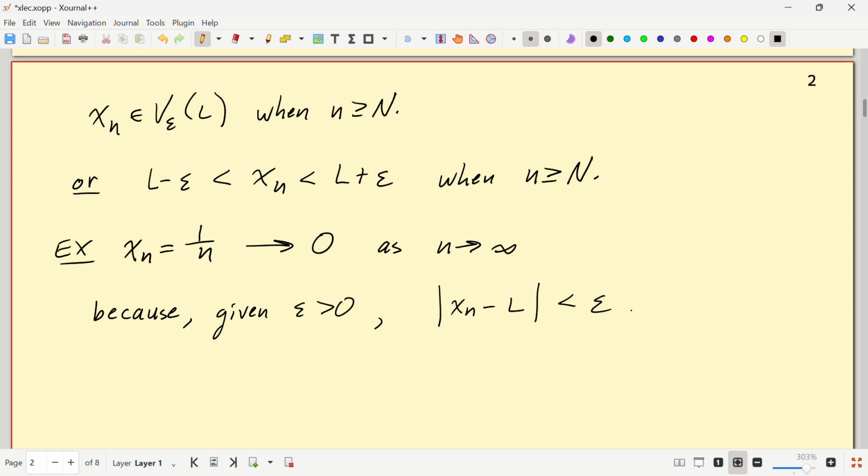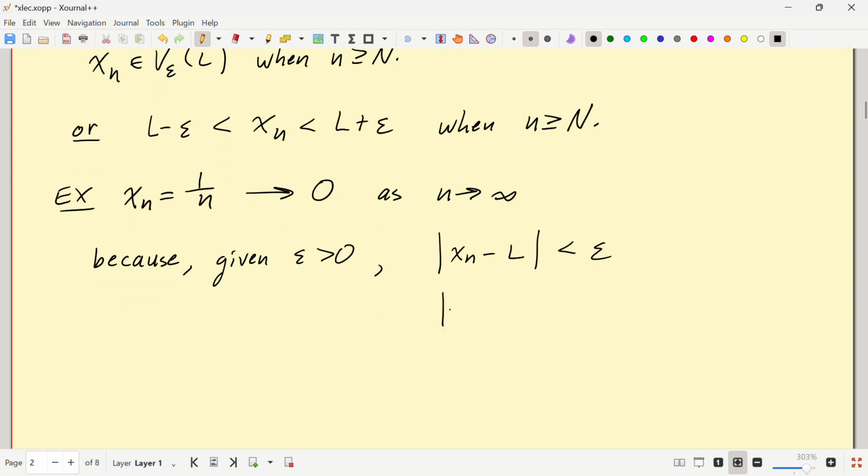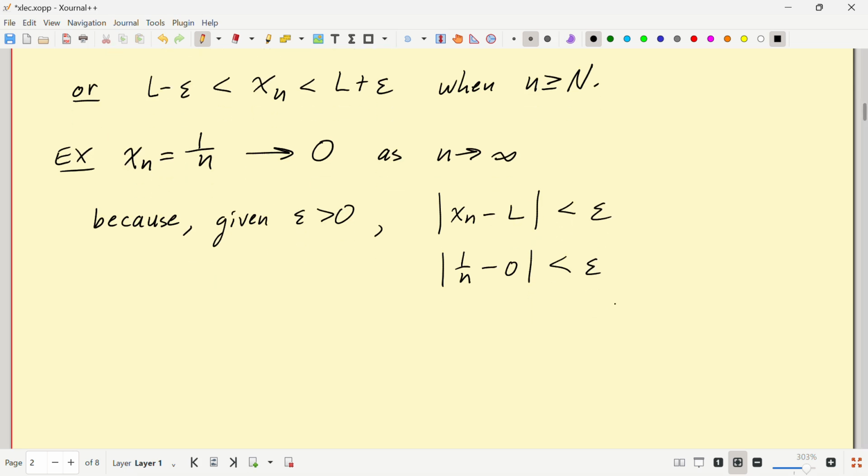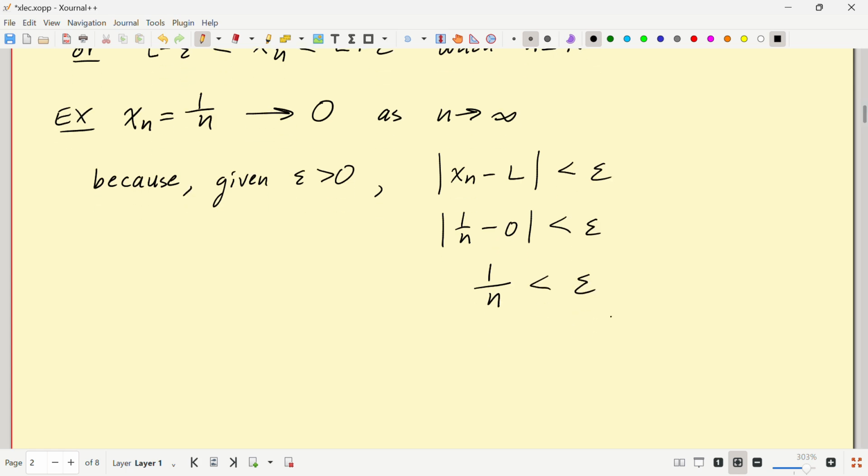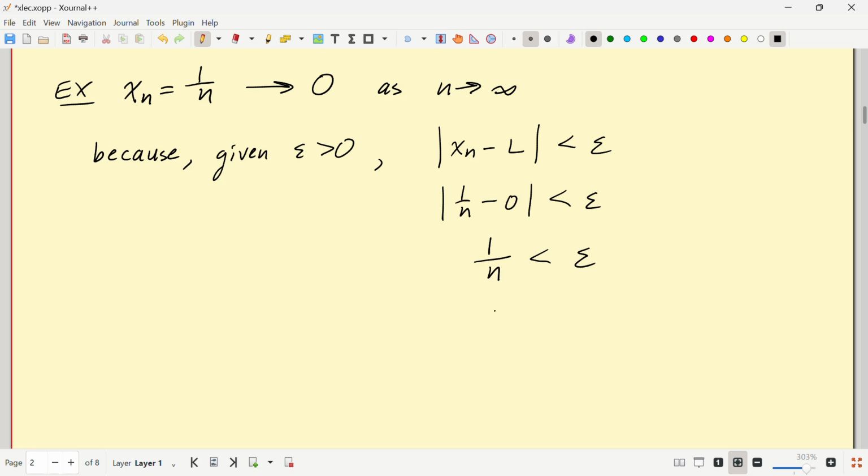In this case, that would mean the absolute value of 1 over n minus 0 is less than epsilon. And of course, the absolute value of 1 over n is 1 over n. And if I invert both sides, that would change the direction of the inequality because they're positive. So this would be n bigger than 1 over epsilon. And this is the aha moment. Archimedes' principle says there's an n that does that.